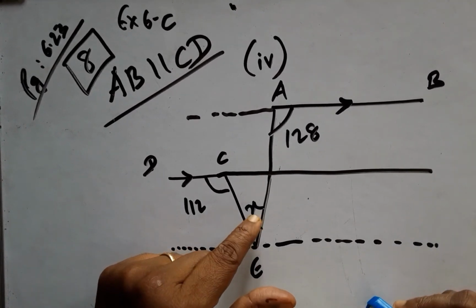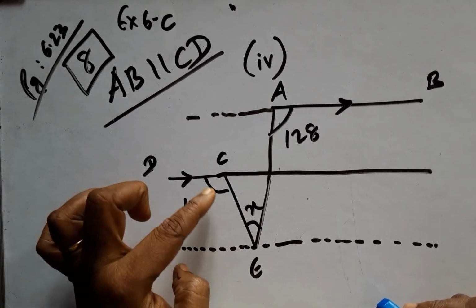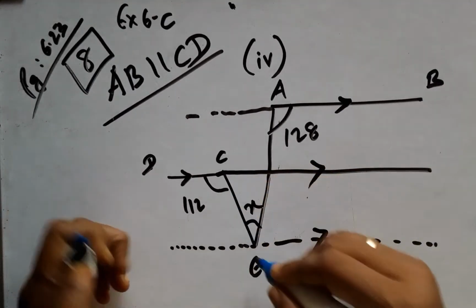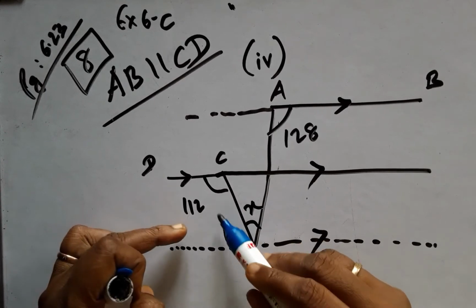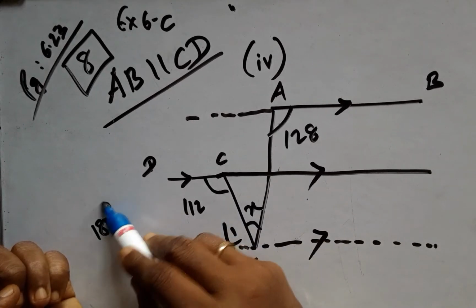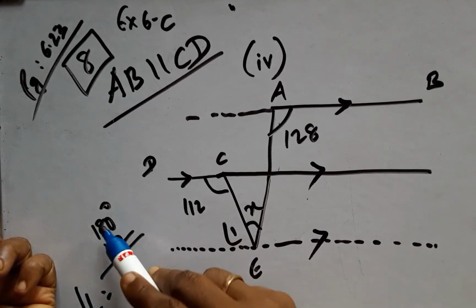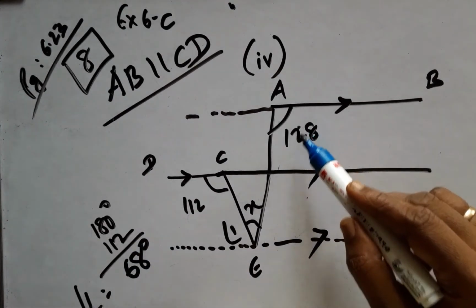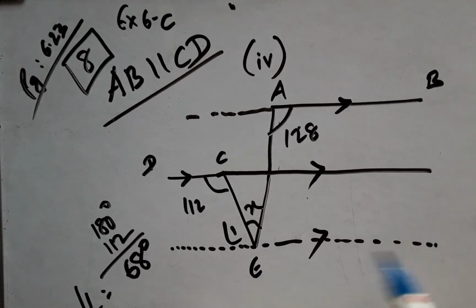And see the issue. I'm supposed to find out X. I can get this angle because for this line parallel to this line with transversal CE, these two happen to be co-interior angles and they are supplementary. Therefore angle 1 will be the difference of these two, which is 68 degrees. And for AB parallel to L, I am going for this direct line.